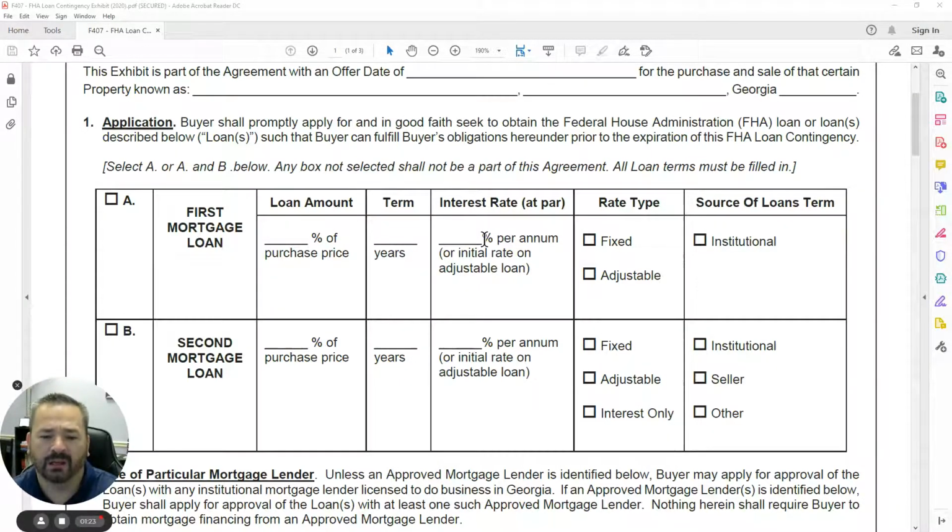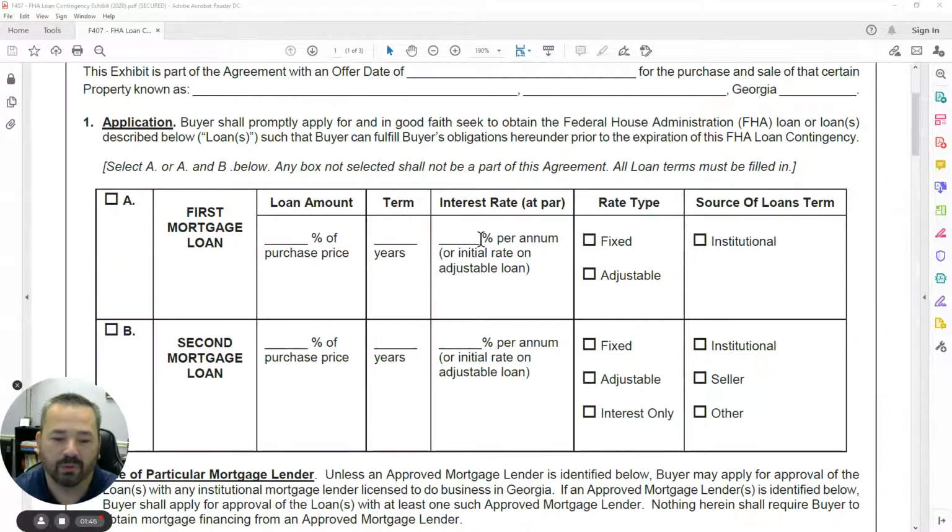Our interest rate, we need to get that from the lender, okay? And if we know that it's a long time until we're going to be closing and the client's not going to be locking in their interest rate yet, we might want to give ourselves a little flexibility in this. So let's say that they're approved for 3.0.